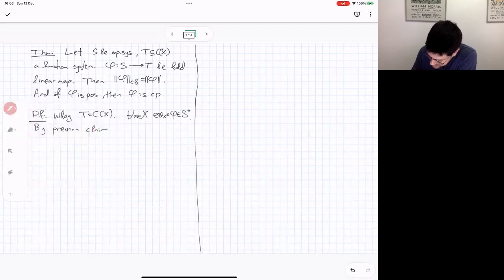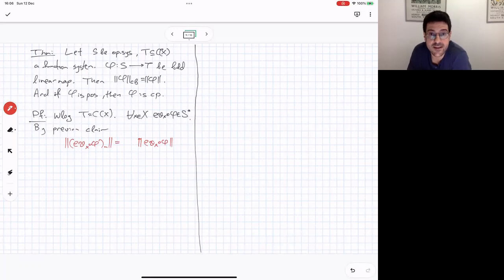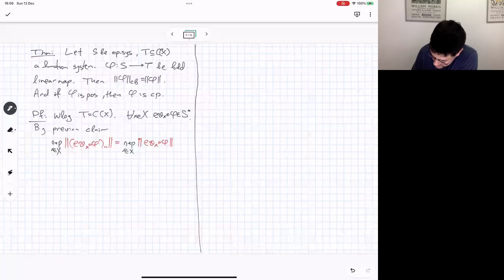You know that the norm of the n-th amplification of the evaluation at x of phi is equal to the norm of the evaluation at x of phi, right? This is by the previous claim. But now I'm going to insert here the supremum over x in X. This is equal just to the norm of phi n, and this is equal just to the norm of phi.